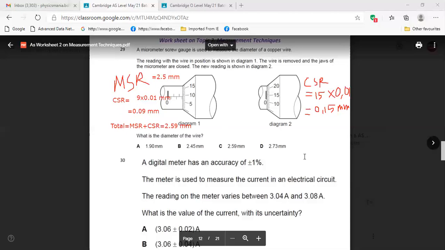It is 2.44. So which option is closer to this value? B. So our answer is B.